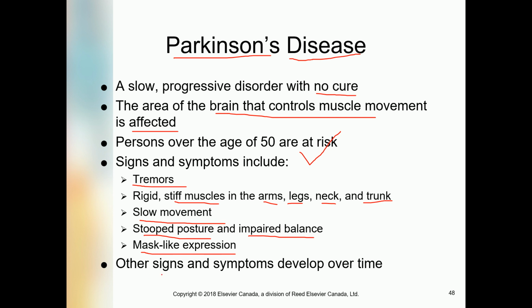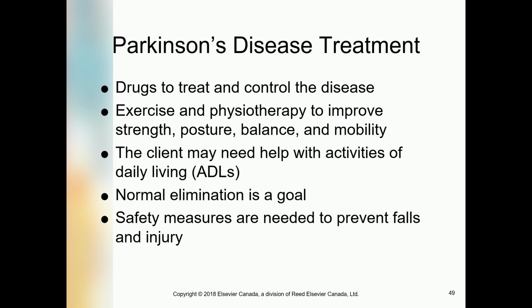Other signs and symptoms develop over time when the disease becomes more and more severe. Parkinson's disease treatment: drugs to treat and control the disease, it is only symptom management, exercise and physiotherapy to improve strength. These patients are given good exercise for the posture, for the balance, and for the mobility. Physiotherapists work with these people in hospitals and long-term care nursing homes.